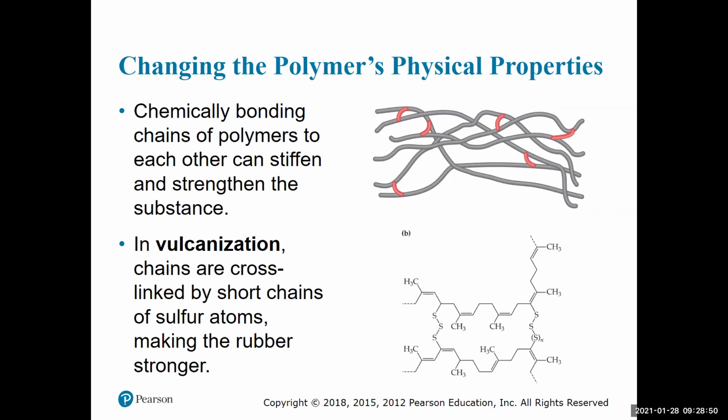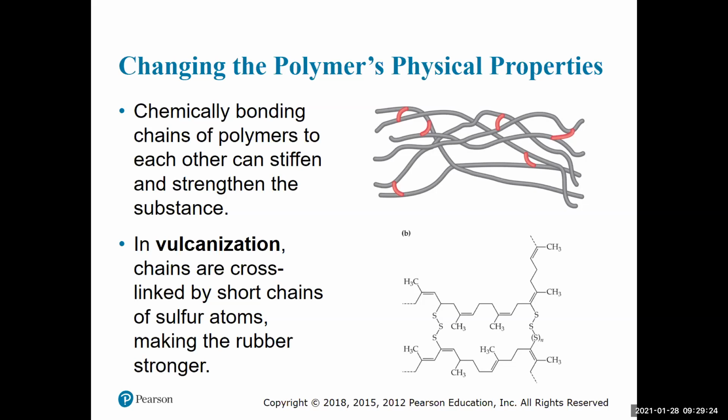There's another way to change the physical properties of polymers. And that is to have your chains and then react the chains with each other. In this case, the top figure, the little red marks are supposed to, I guess, represent bonds in the chains. In the bottom here with these sulfur atoms, you see a better example.